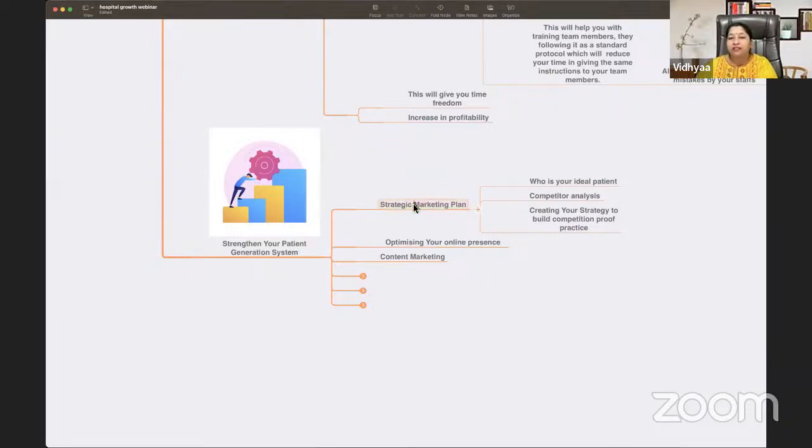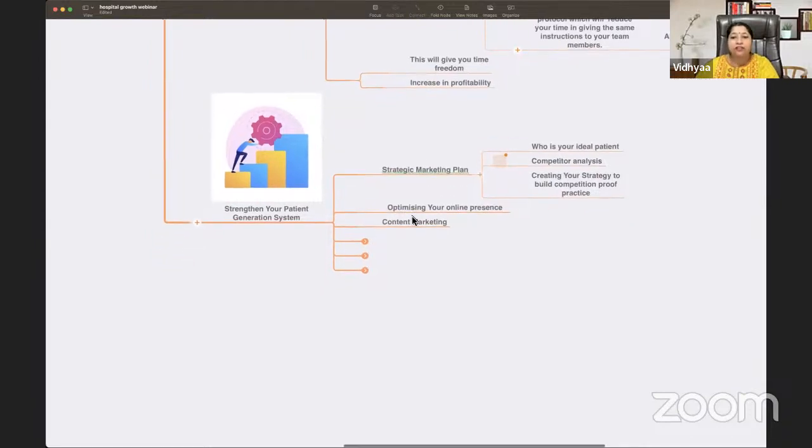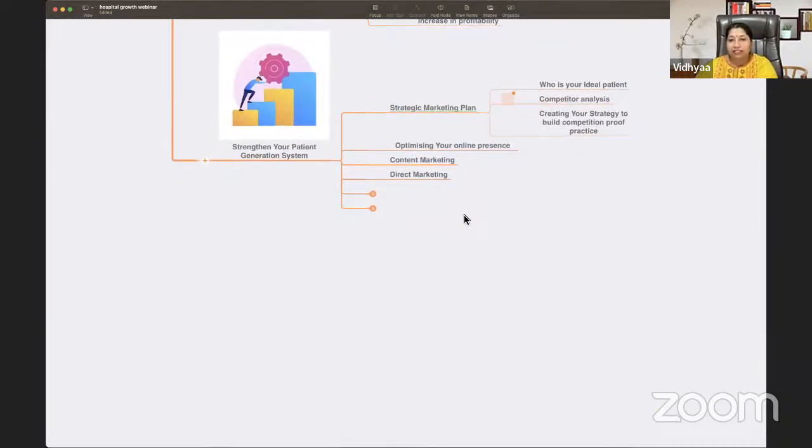Now you have created a strategic marketing plan. As I mentioned, based on the service that you offer, you know who is your ideal patient. And based on the strategy that you have created, come out with content in order to educate your ideal patient, so that through the marketing message, you are able to bring more patients to your facility.